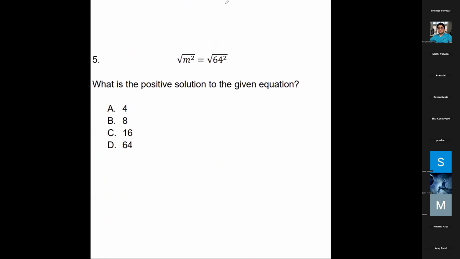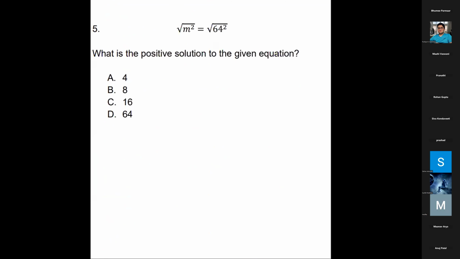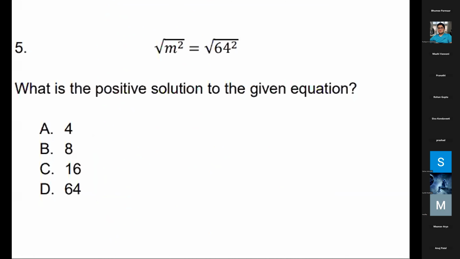Okay, question five. So for question five, what is the positive solution to a given equation?